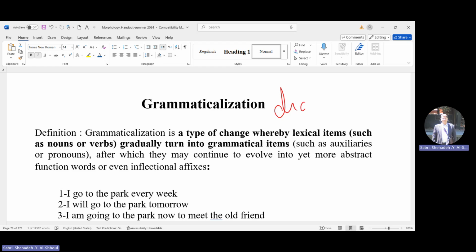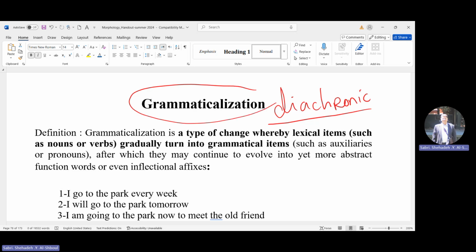So when we talk about the diachronic dimension, we talk about the historical changes that take place in the language, and these changes actually motivate change. One of these evident and concrete examples is called grammaticalization.